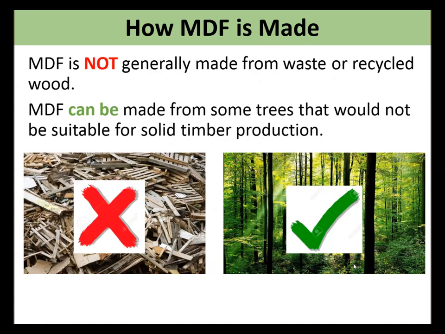MDF is not generally made from waste products. It can be, but it is generally made from trees that would not be suitable for solid timber production. So smaller trees, the parts of trees that can't be used for manufacturing solid timber.